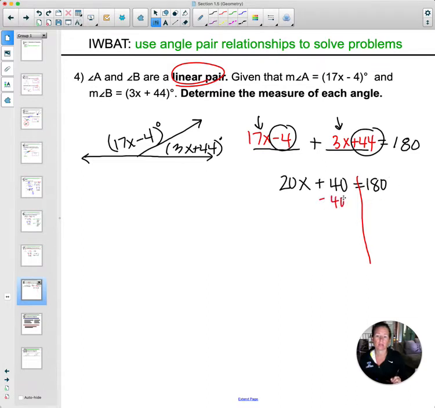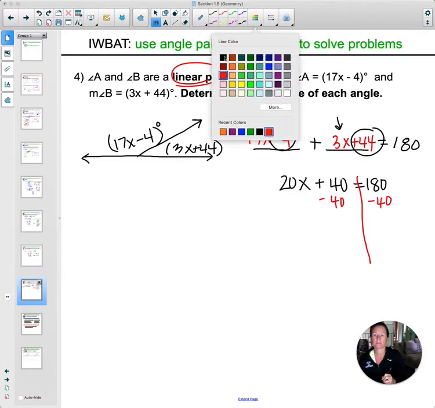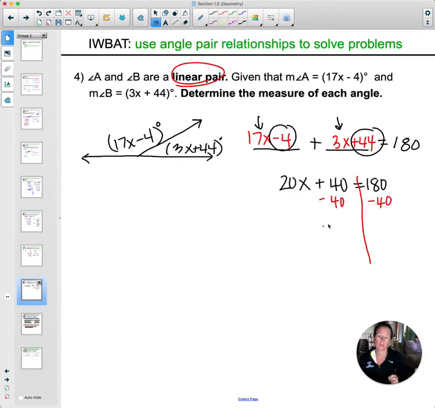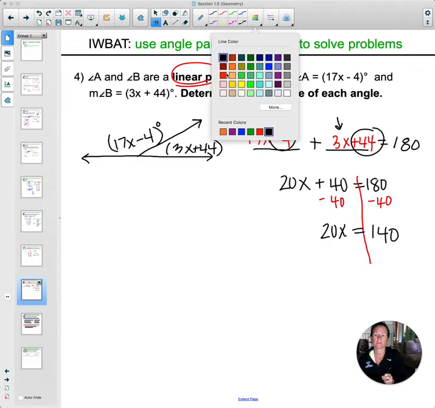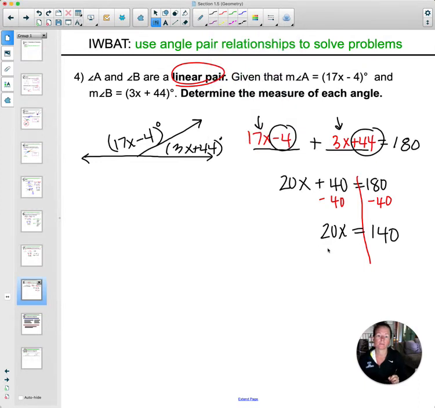So we're going to subtract 40 from both sides to get those together. So we get 20x is equal to 140. Then we're going to divide by 20 on both sides and get x equals 7.